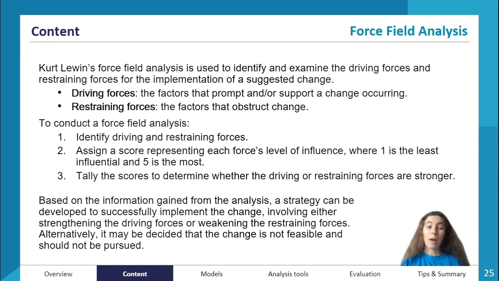And then based on those scores, you're going to get a tally and you're going to determine whether the driving or restraining forces are stronger. And from there, that's where you make some decisions and make some plans for where you're headed.